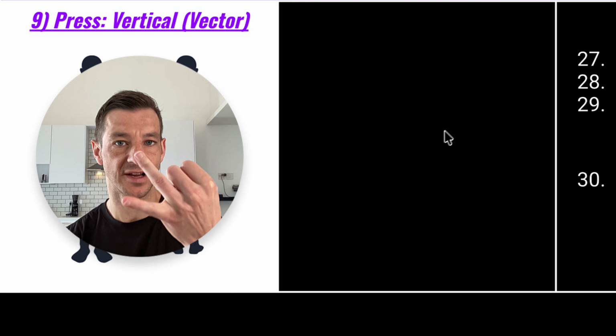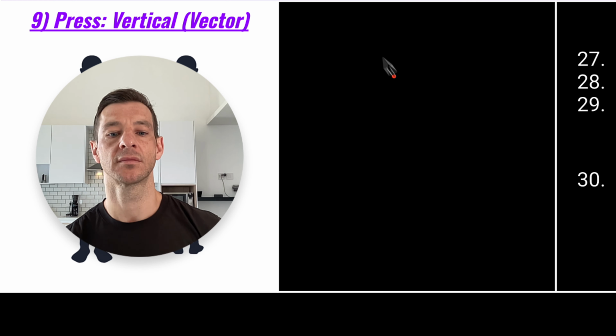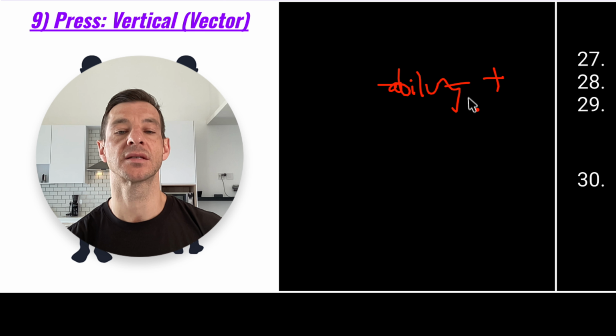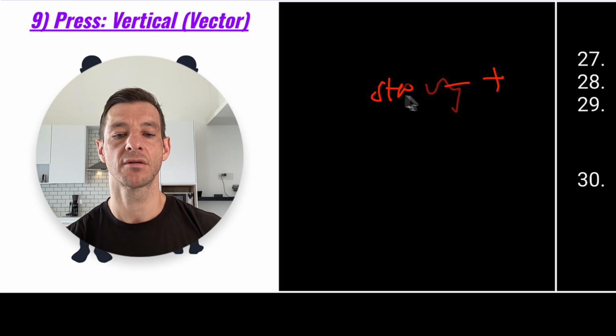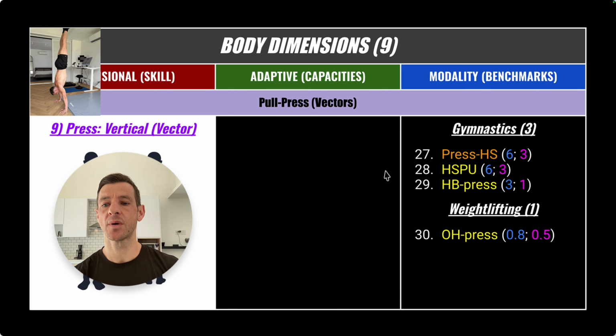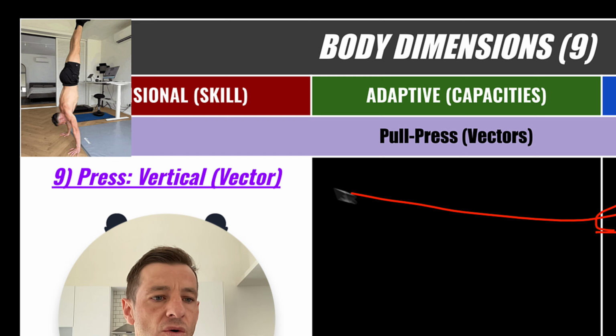Stability has strength, flexibility, and control. Power then is a function of stability plus either strength, speed, or endurance.